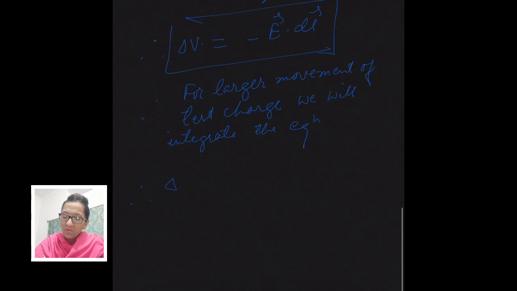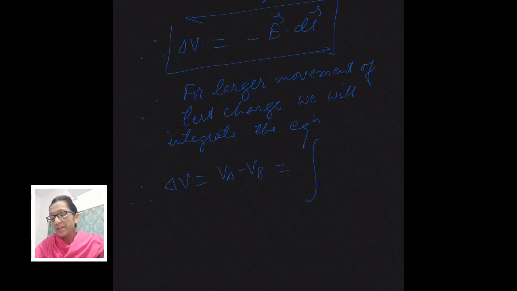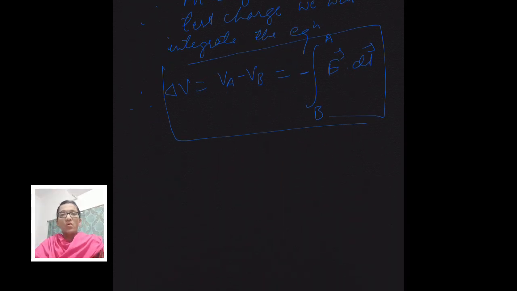Therefore dV is equal to VA minus VB, and we are taking the charge from B to A, so integrating from B to A, it is minus the integral of E dot dl. So this is the relationship between change of potential and electric field.